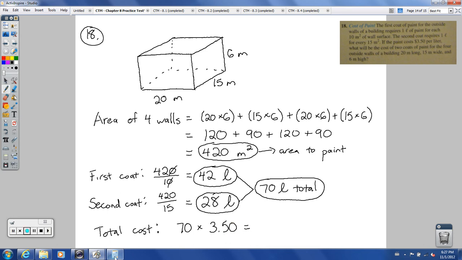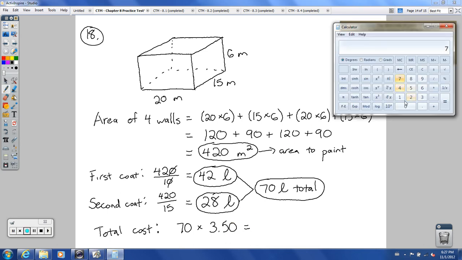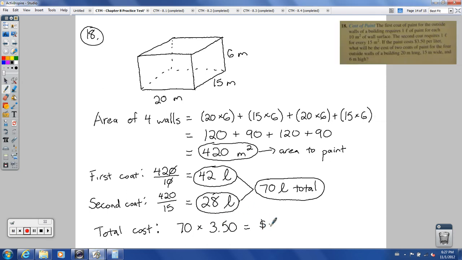I think I've got that in my head. I just want to double check it. Yeah, $245. So $245 for the whole project to buy all the paint you need to do the 2 coats like that. So hey, let me know if you had any questions.